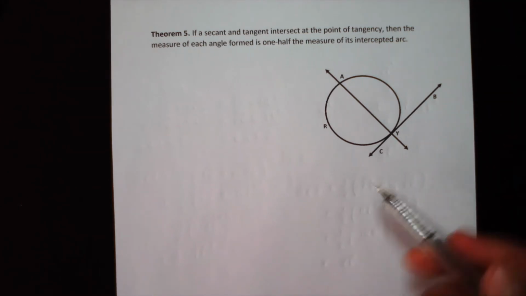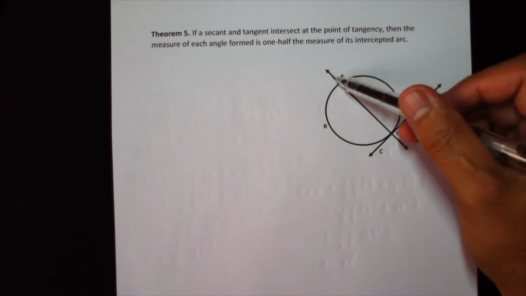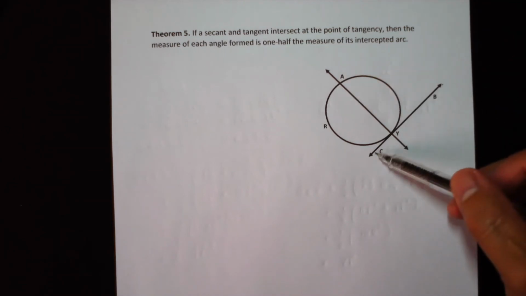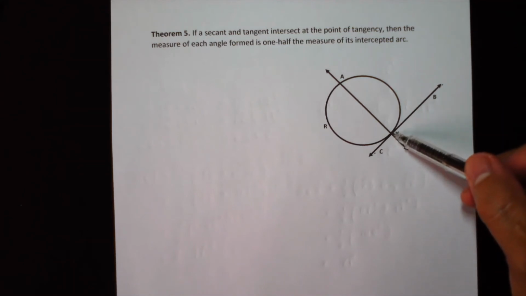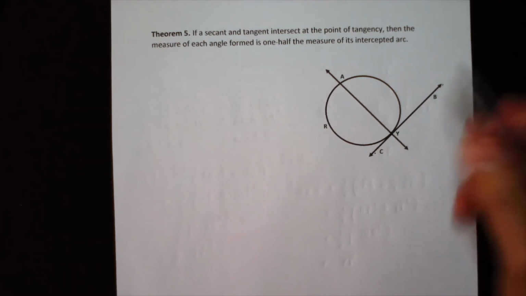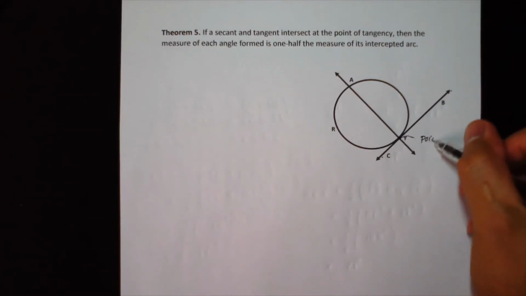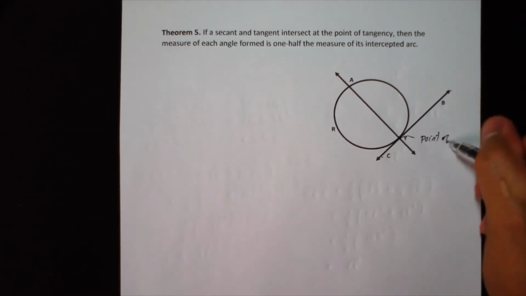Here you can see there is a secant and a tangent, and they intersect at the point of tangency.